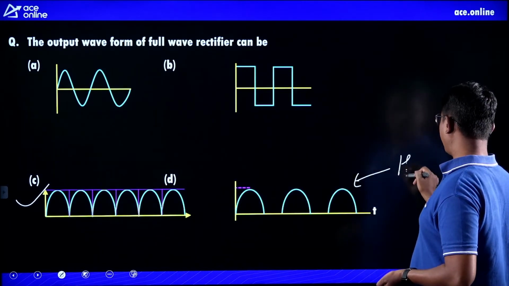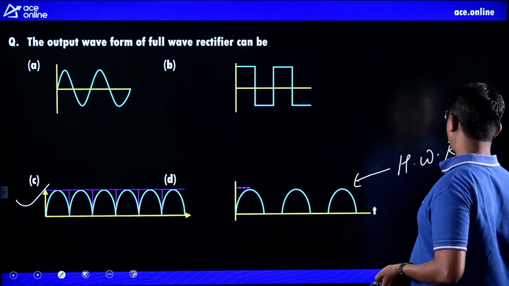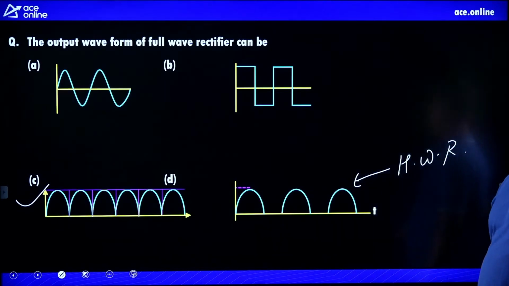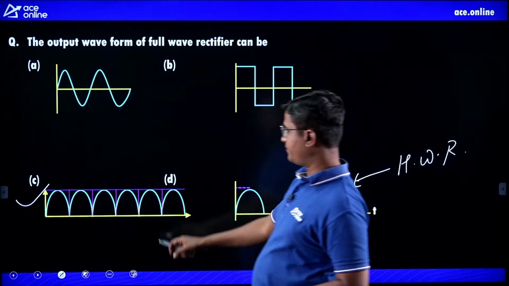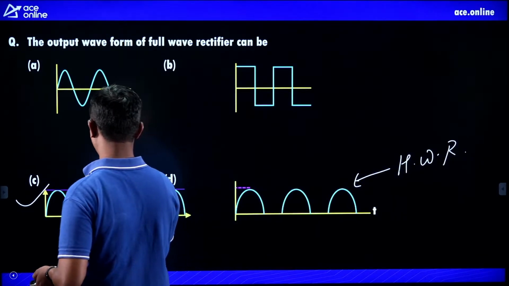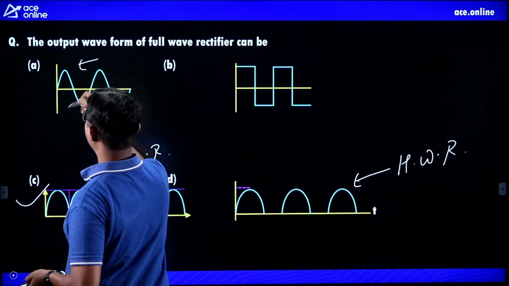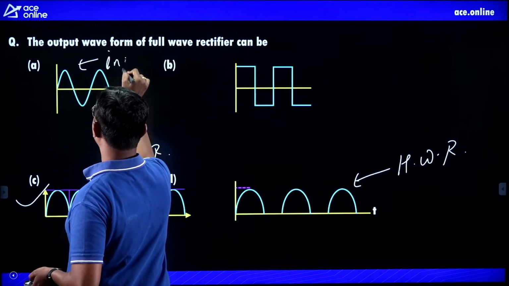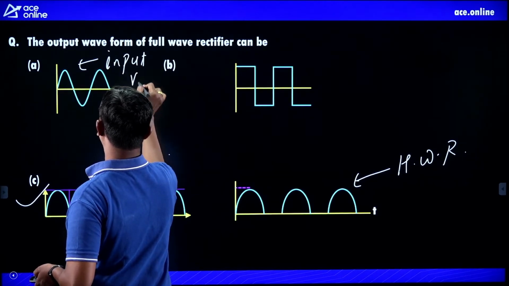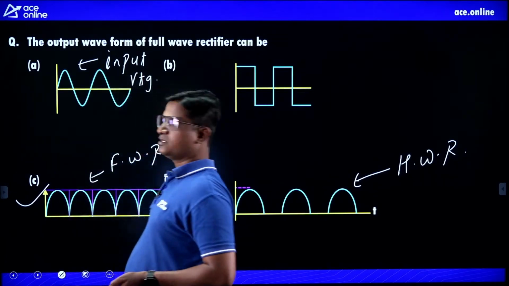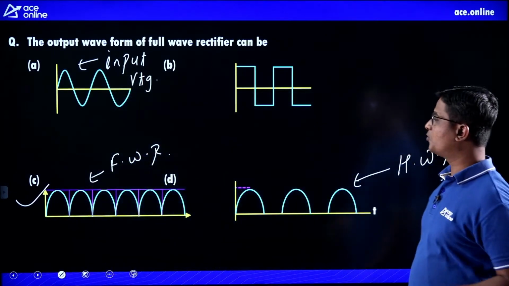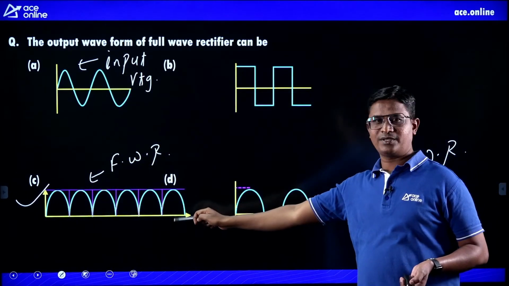This one is the half wave rectifier, HWR. This is the full wave rectifier. Option C is the full wave rectifier. What about option A? Option A is the input voltage, right? Input voltage waveform, and he is asking for output voltage. So the output voltage waveform is this one, C.